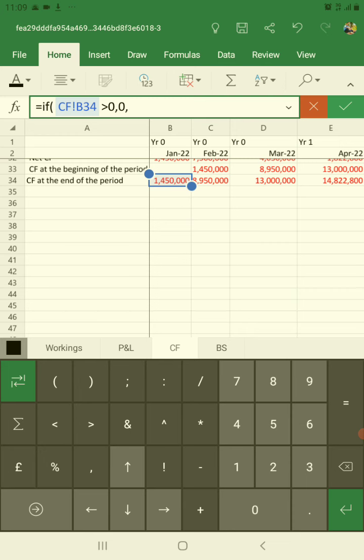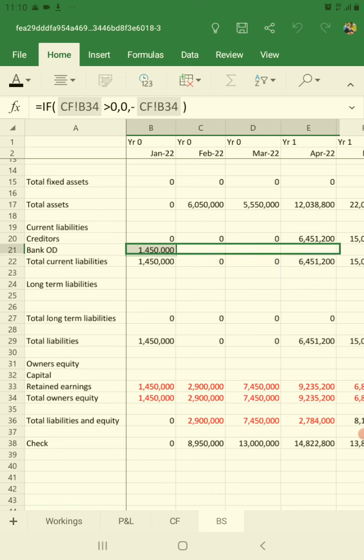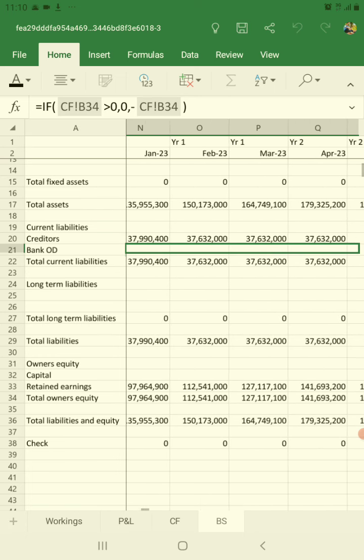Otherwise, in the overdraft start with negative and then this figure, and then close the bracket and enter. Okay, so now I can drag this to fill to the end of the projection period.